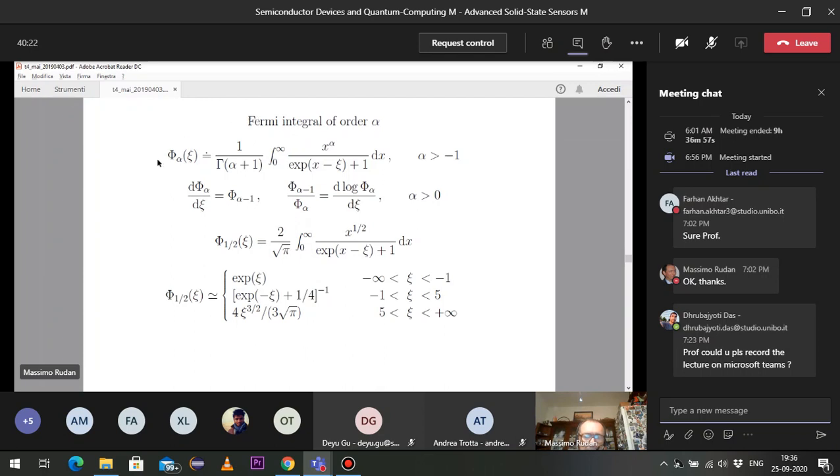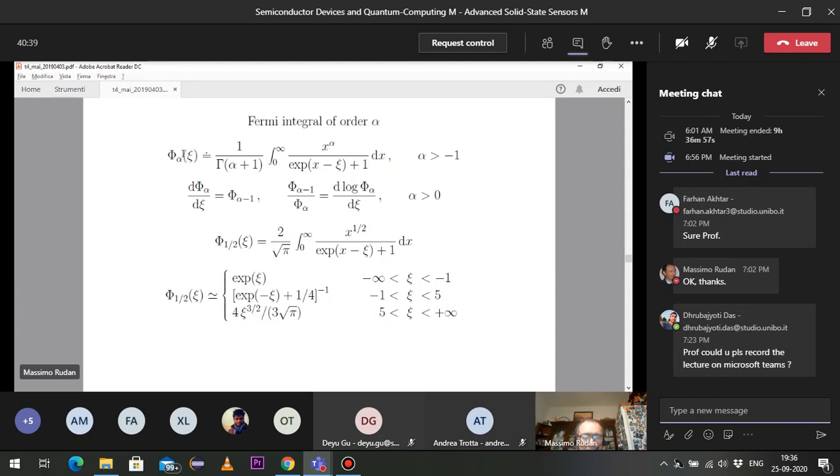Okay, so the Fermi integral is indicated with the symbol phi. The suffix alpha is the order, and the parameter is indicated with psi, okay?